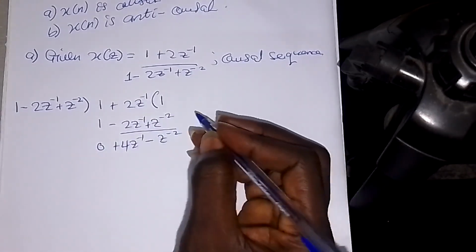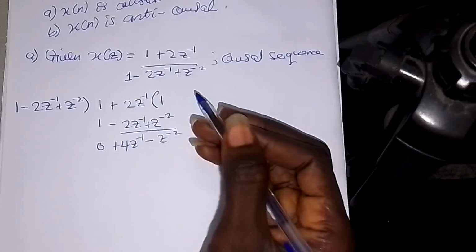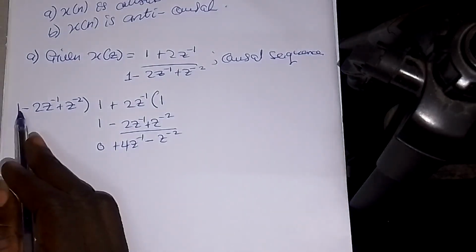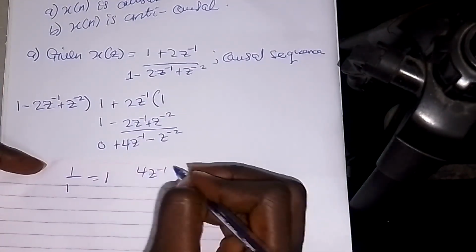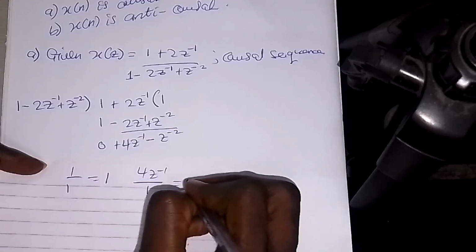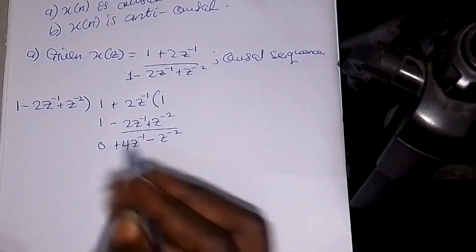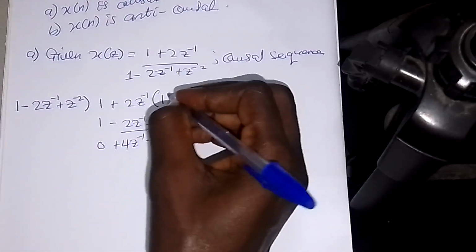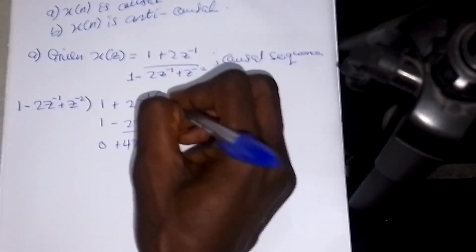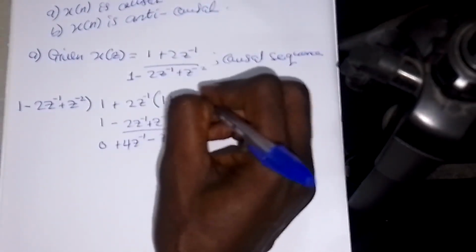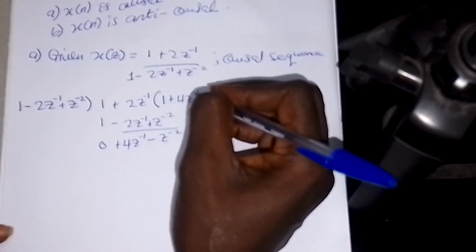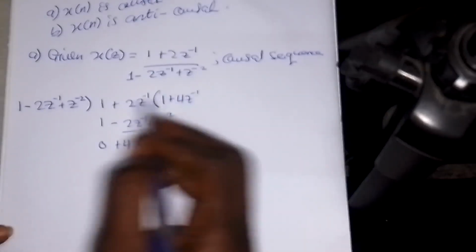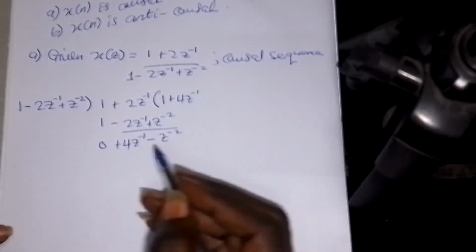Now what I have to do is this: how many times can this go here? To know that, you write 4z^-1 over 1, which is 4z^-1. So it goes plus 4z^-1 times. Now you multiply this with this, just as we did before.